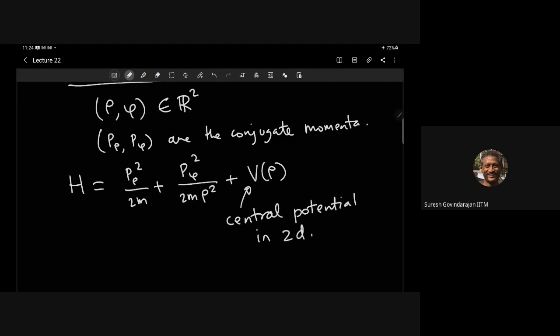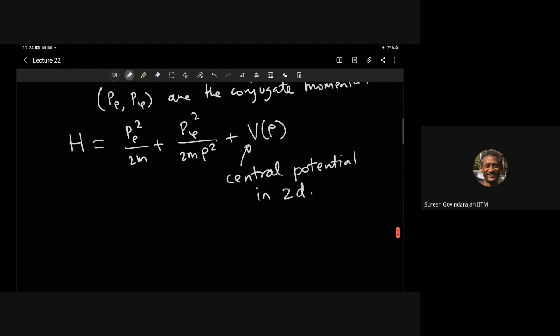Okay, so the question to you is, what does this mean? Is there something we get for free? Is there some action angle variable that we can get for free? So we want to get 2 actions and 2 angles.